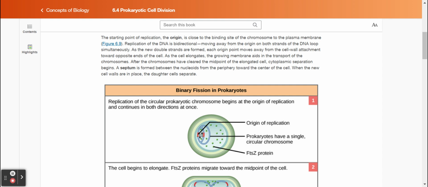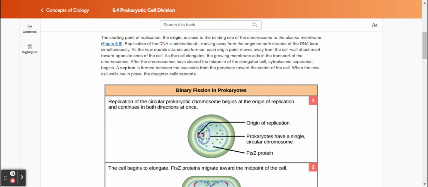The starting point of replication, the origin, is close to the binding site of the chromosome to the plasma membrane. Replication of the DNA is bidirectional, moving away from the origin on both strands of the DNA loop simultaneously. As the new double strands are formed, each origin point moves away from the cell wall attachment toward opposite ends of the cell.